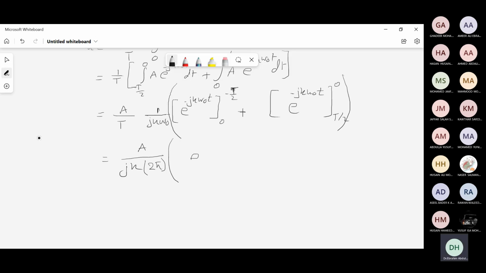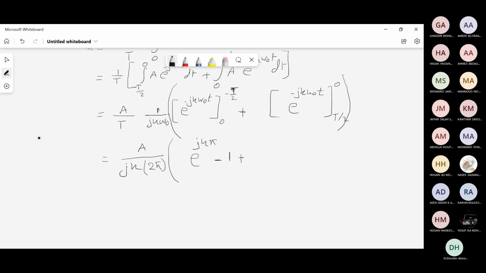So it is e to the power of minus minus, it becomes positive, jk pi, minus at 0, this is equal to 1.